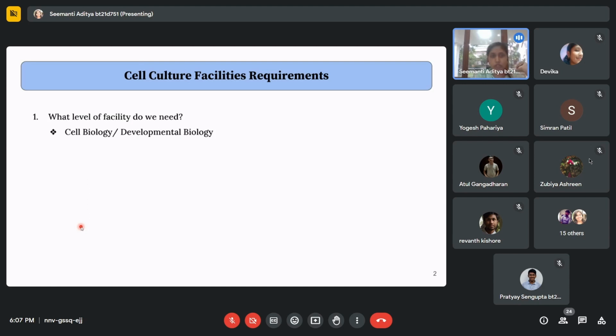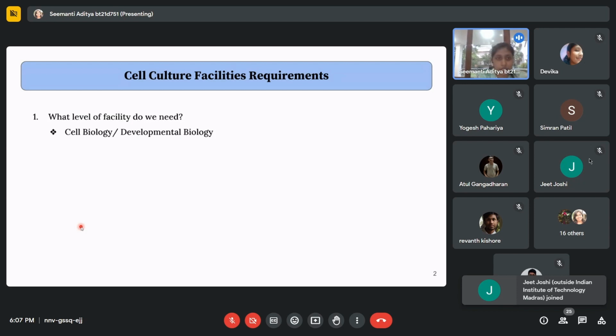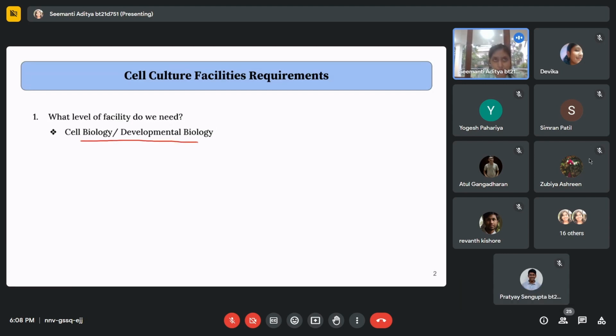Depending upon those facilities, whether they are working on cell biology or developmental biology aspects. Developmental biology basically means the development of organisms, where we want to study the development of any organism from the embryo stage to the adult stage.